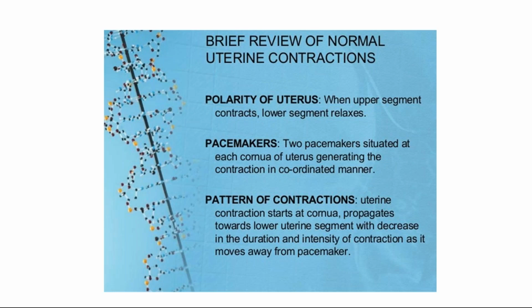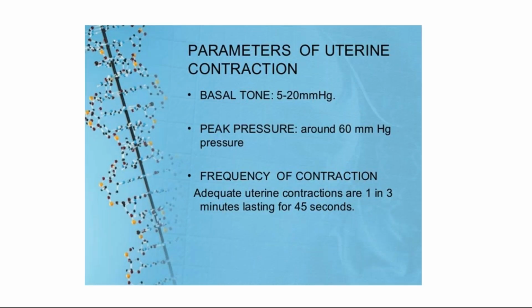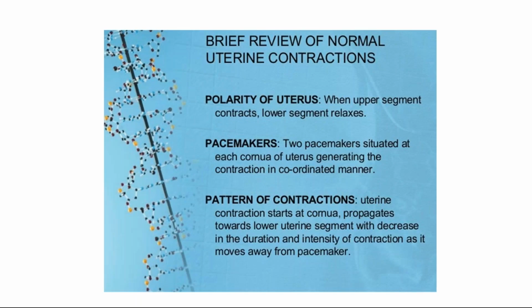The maximum contraction is at the level of the fundus, and as it comes downwards the contractions reduce. That is referred to as the physiological gradient of diminishing uterine activity, which has to be maintained for a normal labor to occur.